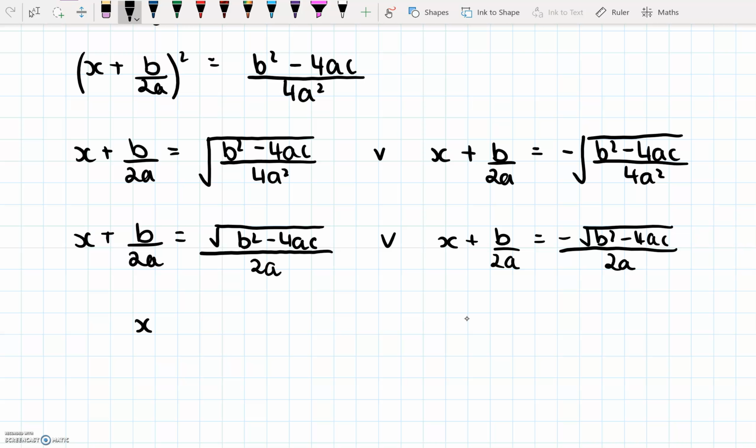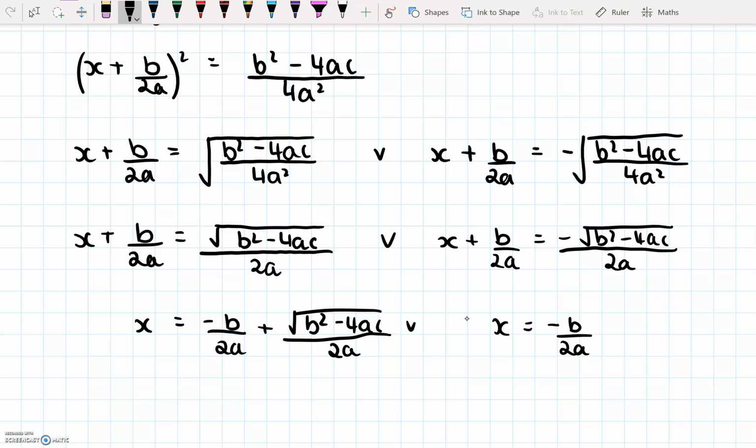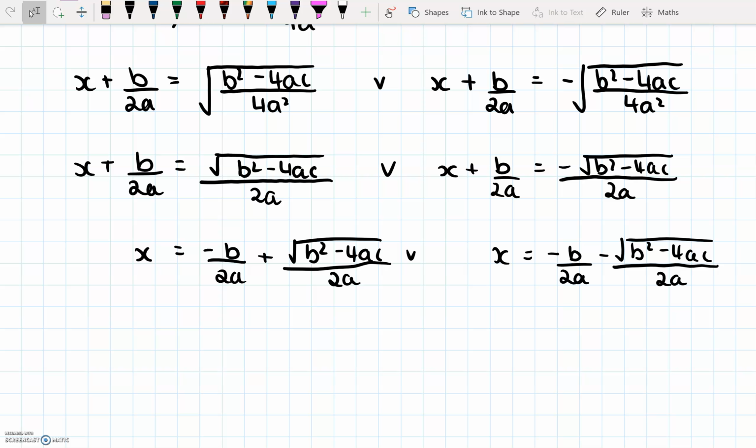So what we end up with is x is equal to negative b over 2a plus the square root of b squared minus 4ac over 2a, or x is negative b over 2a minus the square root of b squared minus 4ac over 2a. At this point you can see that the denominators are the same for both parts of your fraction, so we can combine them.